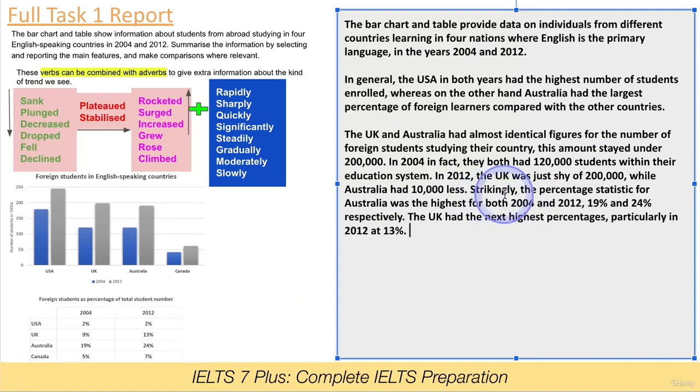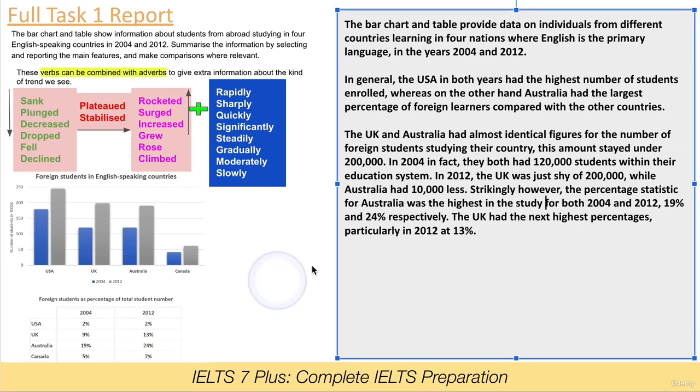Strikingly, however, the percentage statistic for Australia was the highest in the study for both 2004 and 2012, 19% and 24% respectively. The UK had the next highest percentages, particularly in 2012 at 13%. Okay then, so I think that's good.